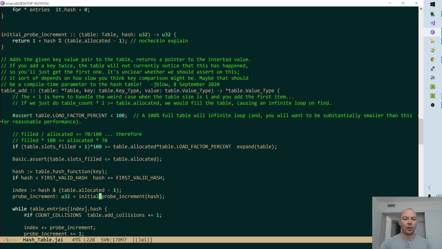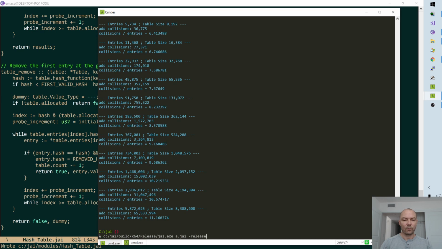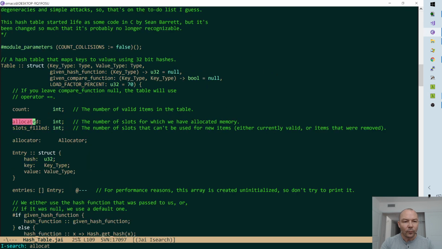So we're going to replace this with table. What's our job? Tables. Okay, I goofed. Number signage mismatch. Is table dot allocated? Oh yeah.